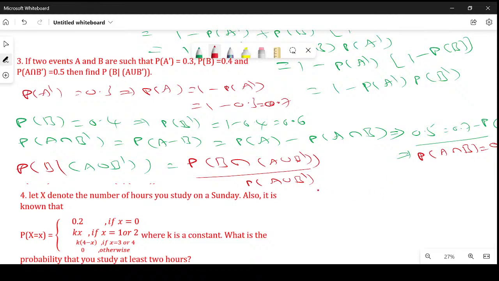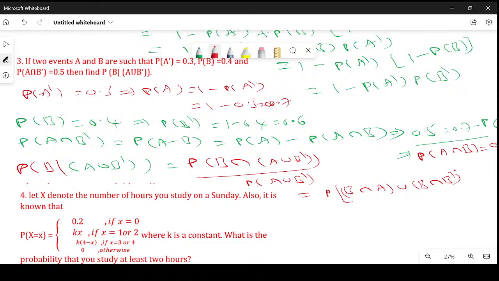Now when I am solving this problem, if I expand P of B intersection A union B complement, you will get P of B intersection A union B intersection B complement.